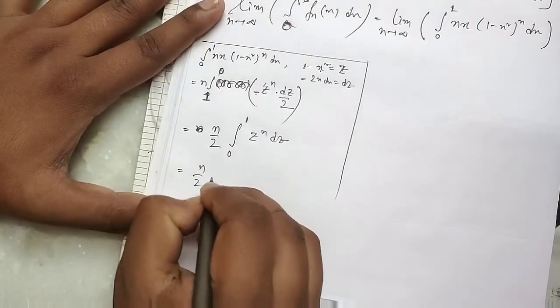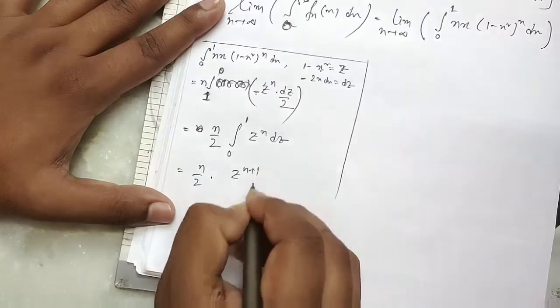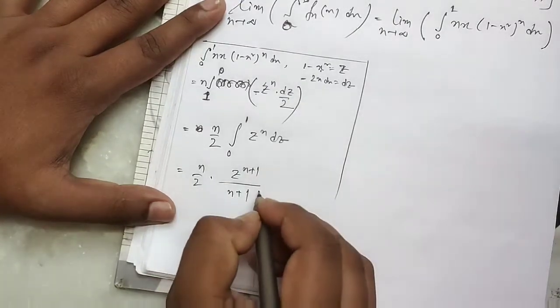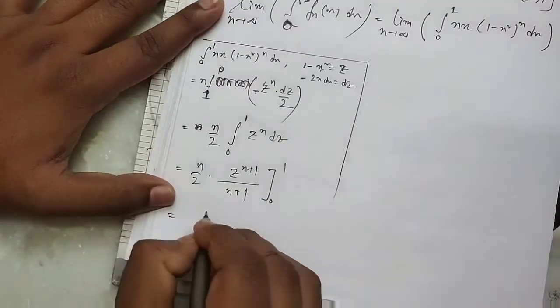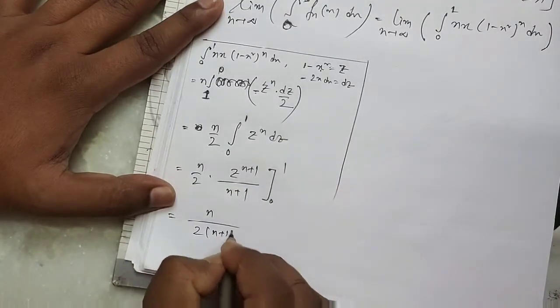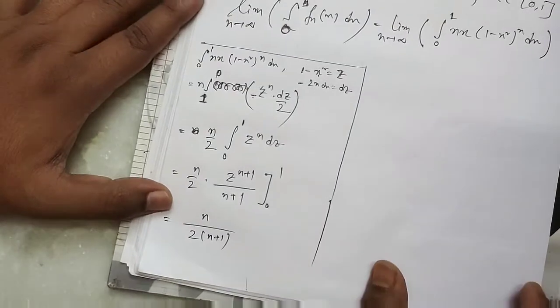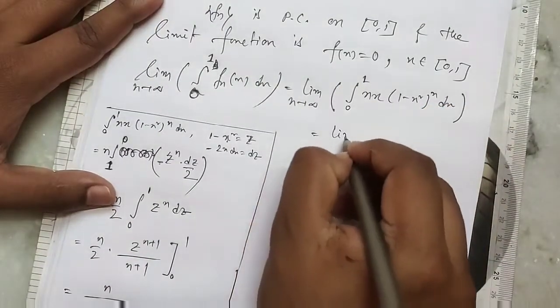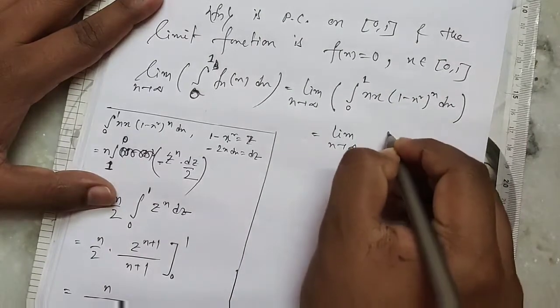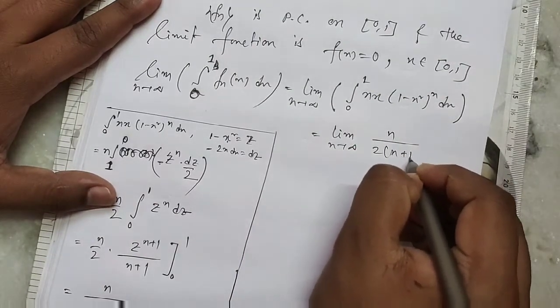So this equals n by 2 times the integral of z to the power n dz, which is n by 2 times z to the power n plus 1 over n plus 1, from 0 to 1. So this is n by 2 times (n plus 1). So the limit is the limit as n tends to infinity of n by 2(n plus 1).